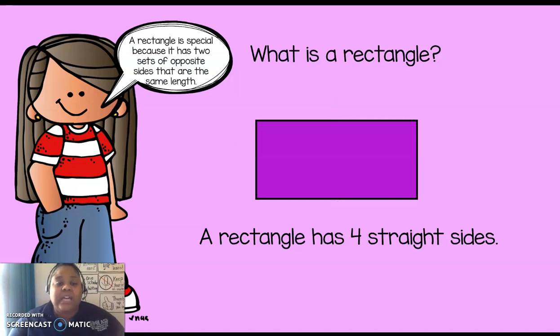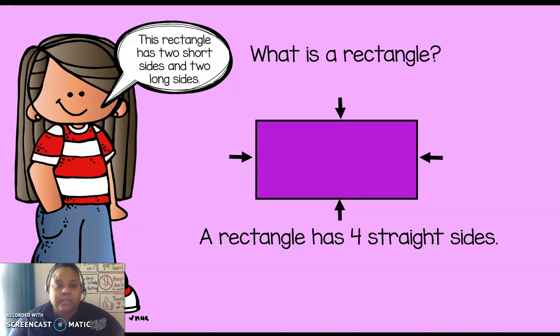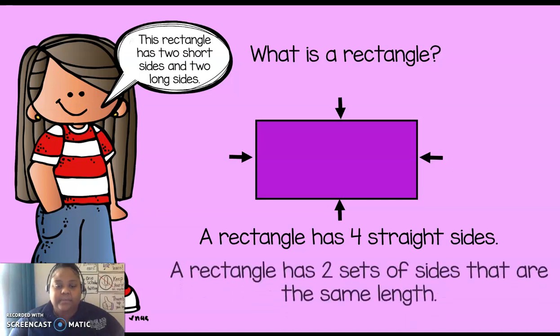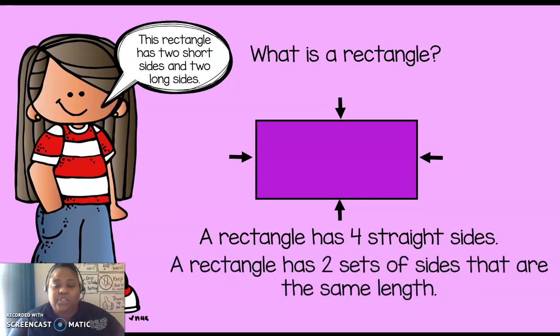A rectangle is special because it has two sets of opposite sides that are the same length. You see those? A rectangle also has two long and two short sides. A rectangle has two sets of sides that are the same length.